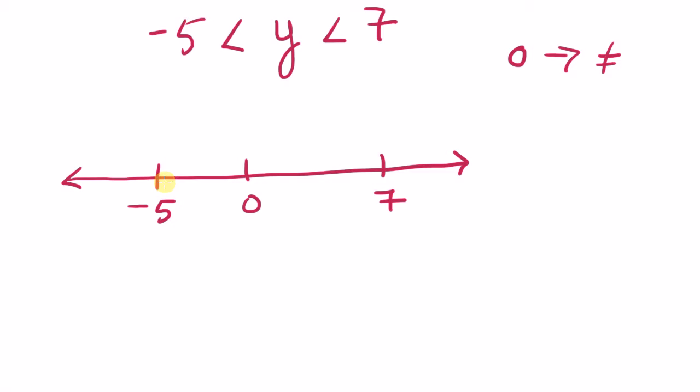From negative 5, I'm going to have an open circle, and y has to be greater than negative 5. And y has to be less than 7, but it can't be 7, so I use an open circle again.